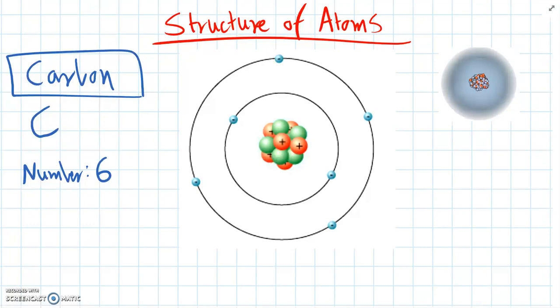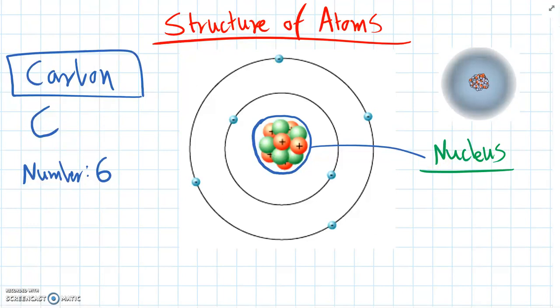And here in our diagram we can see a few things. Firstly, we can see inside, in the middle of the atom, all the protons and neutrons are clustered and grouped together. And this is called the nucleus.